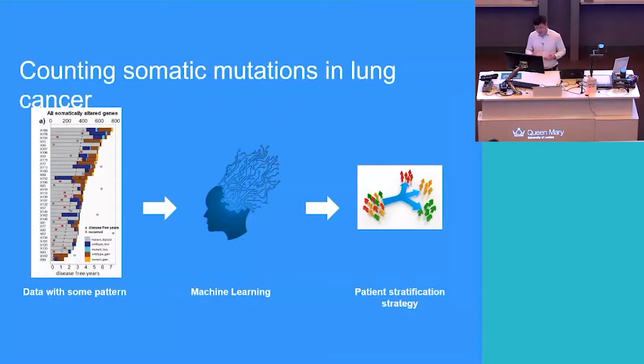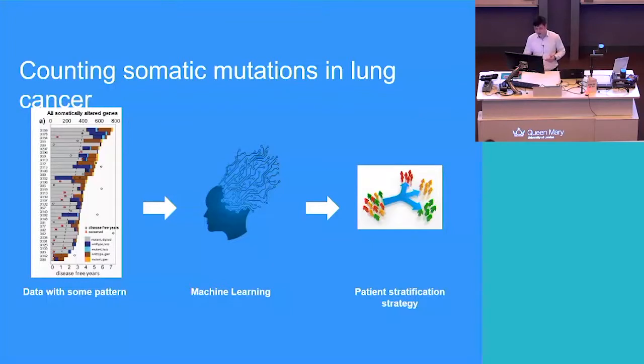So that got us interested in looking at a specific cohort. So we collaborated with Princess Margaret Hospital in Toronto, where they were specifically interested in non-small cell lung cancer cases. And there, we looked at essentially the mutation burden across patients.